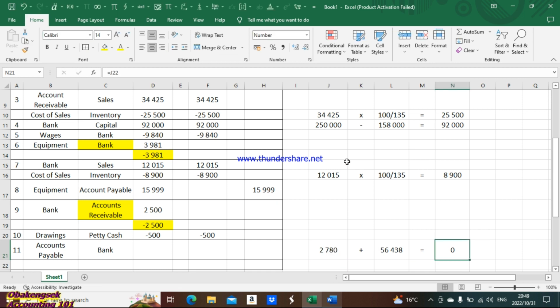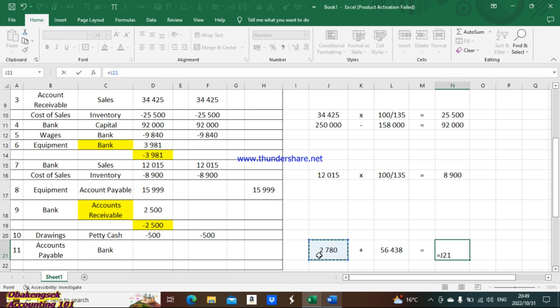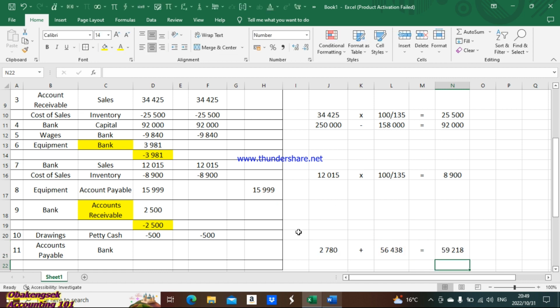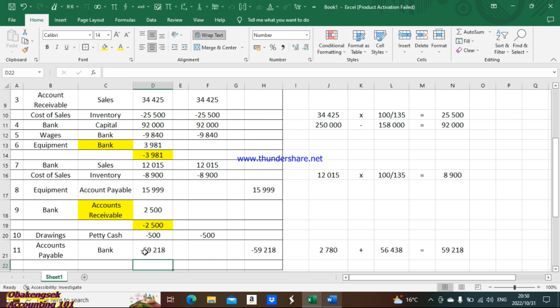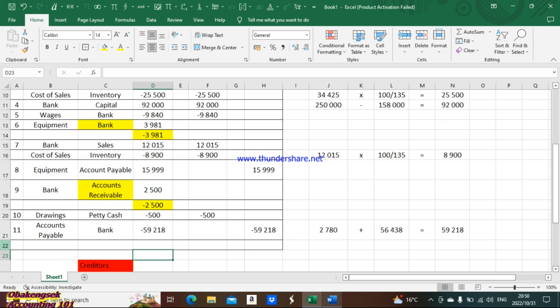So we add the two, and they are equal to 59,218. So we have a negative 59,218 because money is going out of our bank account, and a negative 59,218 because the people that we owe are now decreasing.